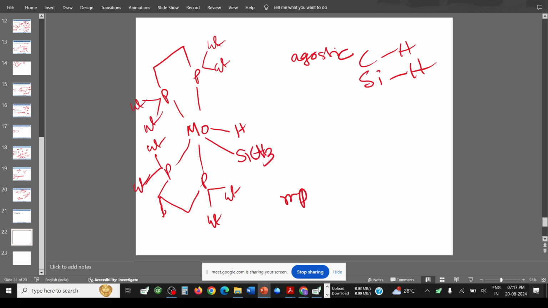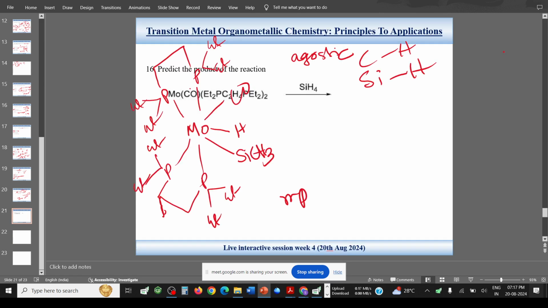So this is SiH3, and CO is already present in the system.